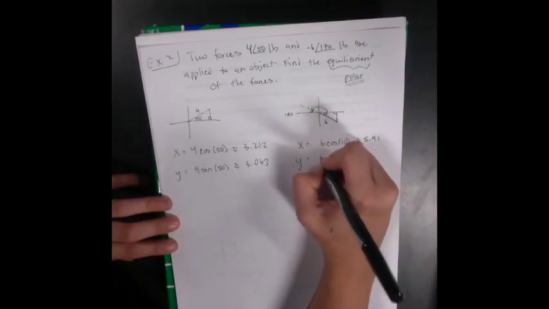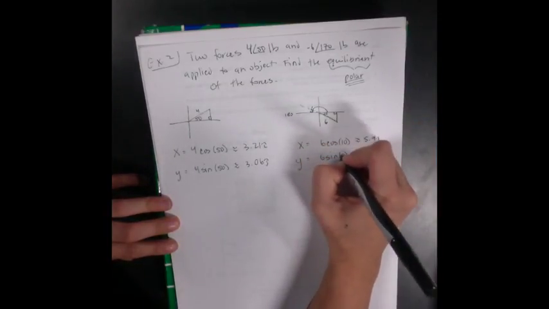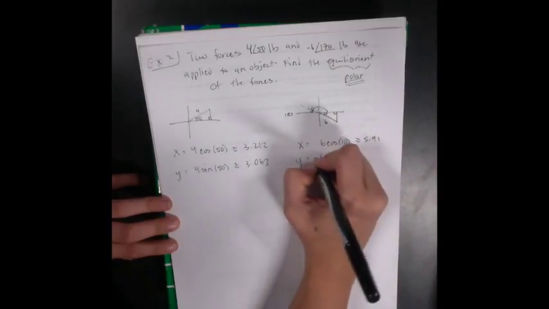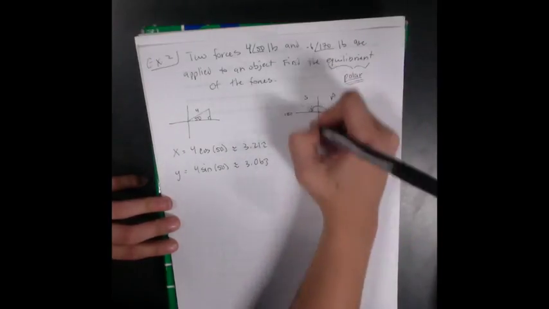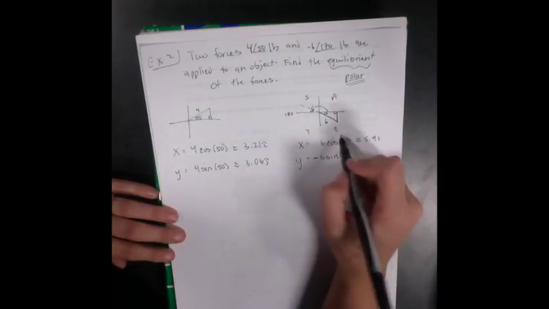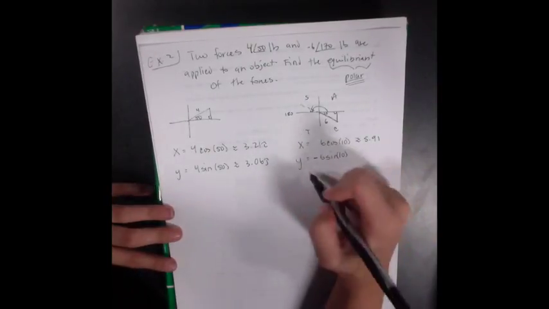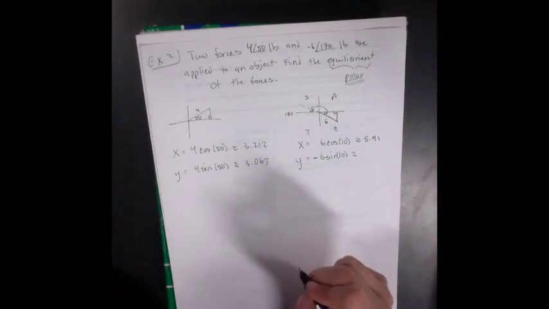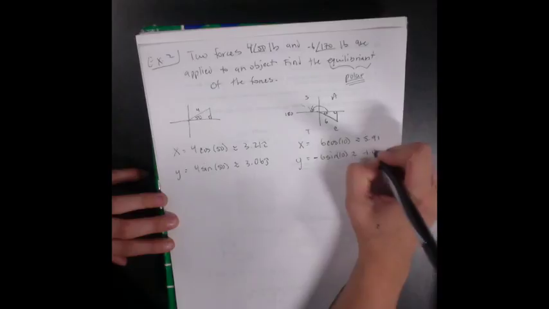And y is r sine of theta, but is negative because we are in the fourth quadrant. All students take calculus. Cosine is positive in the fourth quadrant. Sine is negative. So I have negative 6 sine of 10, which gives me negative 1.04.